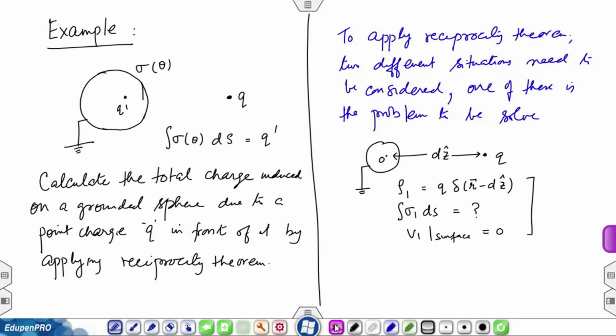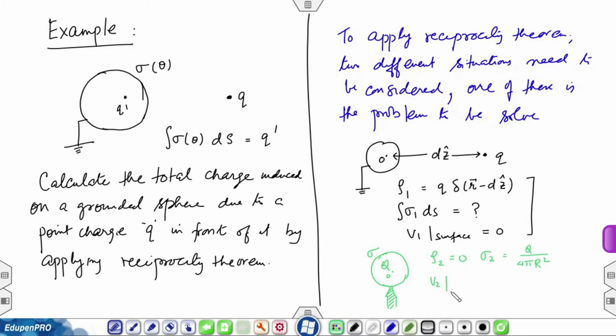Situation 2 is I will take this sphere to be carrying some charge q and isolate it from the ground. So, this is through some insulator, it is kept somewhere. Again, the center is the origin. This has charge q. This is a metallic sphere, so charge q is going to be spread over the surface. I have rho 2 equal to 0, sigma 2 is equal to q over 4 pi r square, where r is the radius.